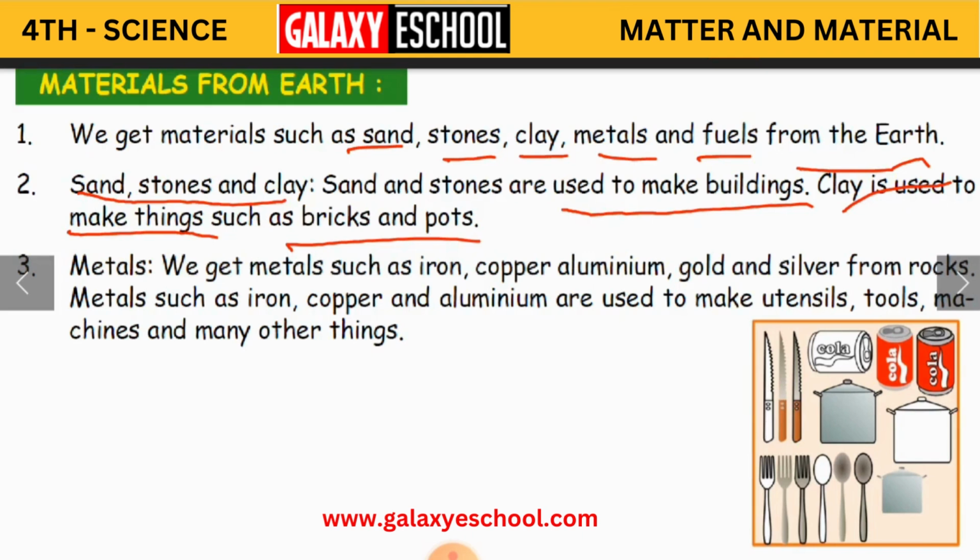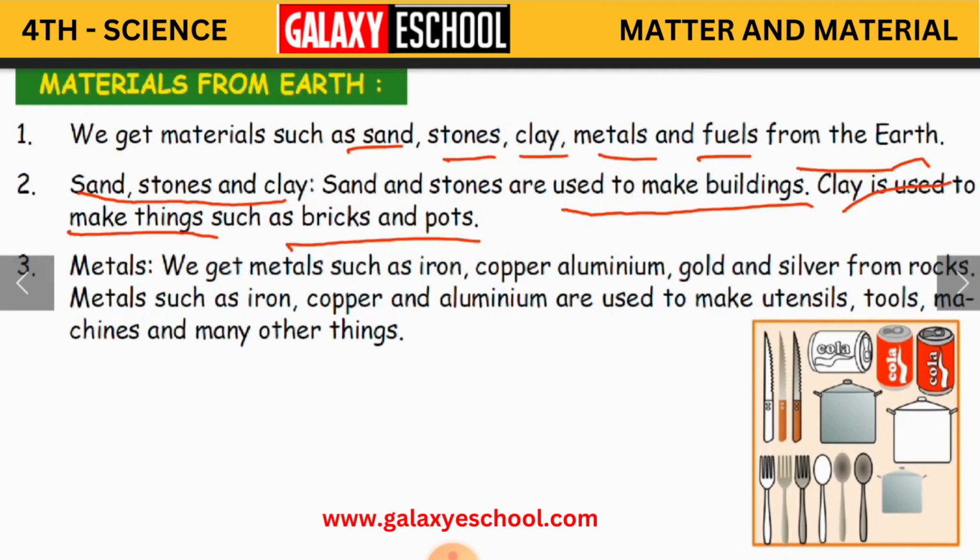And clay is used to make pots and also bricks. Okay, children. In earlier days, people also used to make toys. Even nowadays, we make different types of materials with clay. But mostly we use it in making bricks and pots.